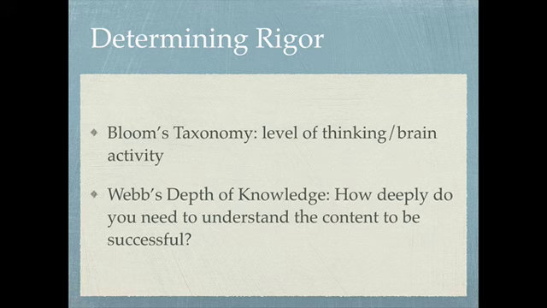Two tools that can help in determining rigor on an assessment are Bloom's taxonomy and Webb's depth of knowledge. These are probably tools that you're very familiar with. Bloom's taxonomy is a way in which you can categorize the level of thinking, or the level of brain activity, that you are asking students to do.